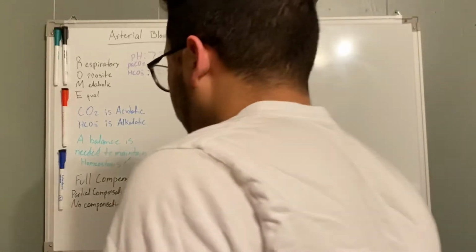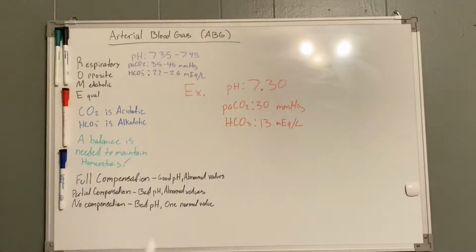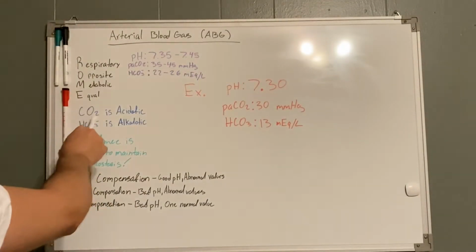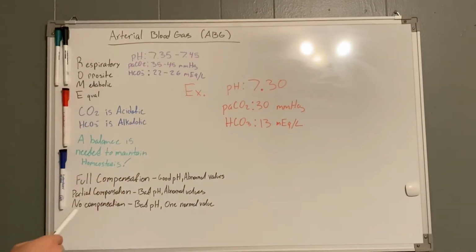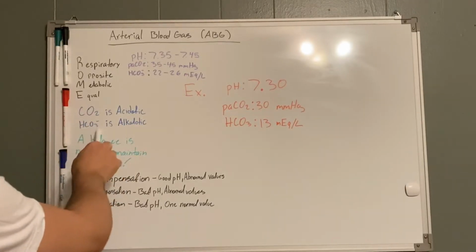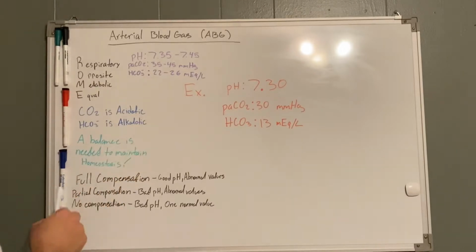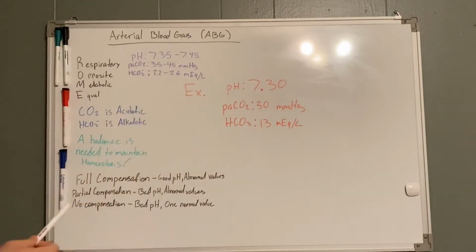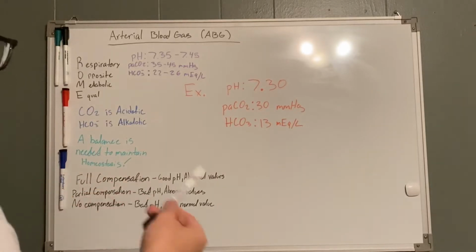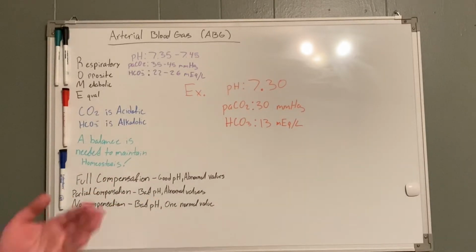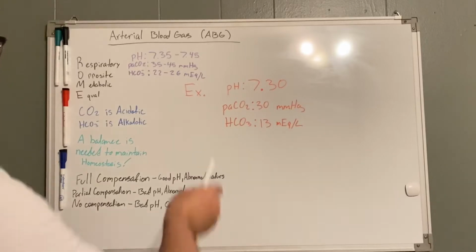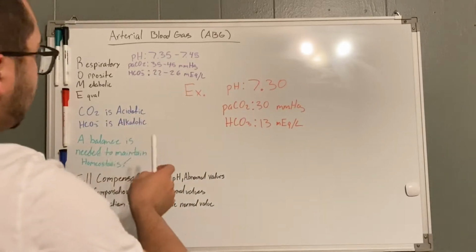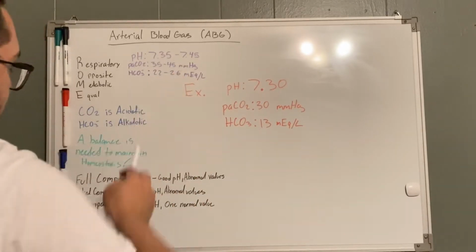Now, some things to understand is that carbon dioxide is acidotic and bicarbonate is alkalotic. These two, when they're in this range, they always have to be in a bit of a balance. They have to balance each other out in order to maintain that homeostatic range of blood pH.